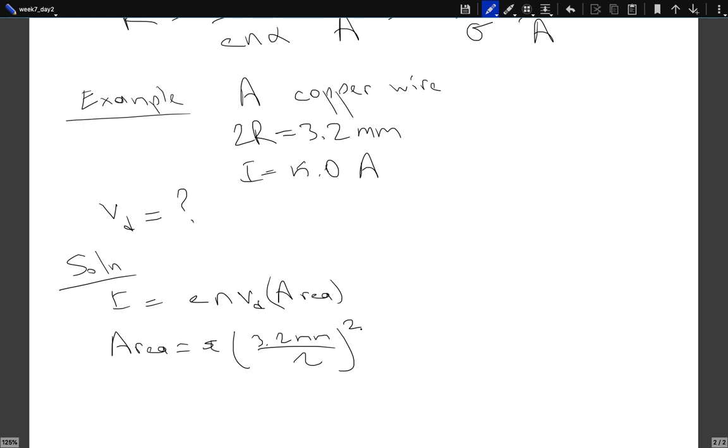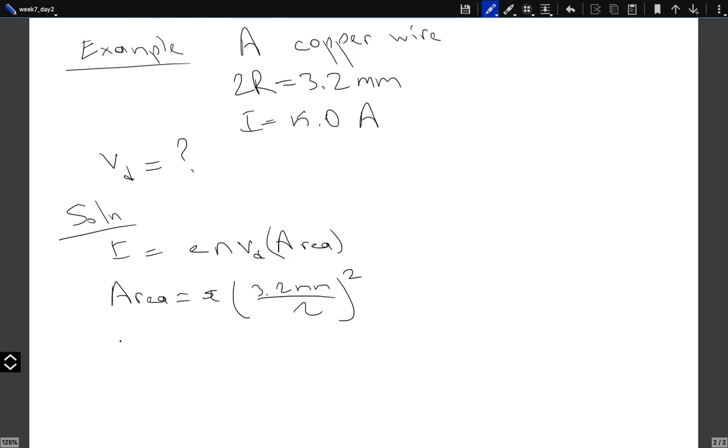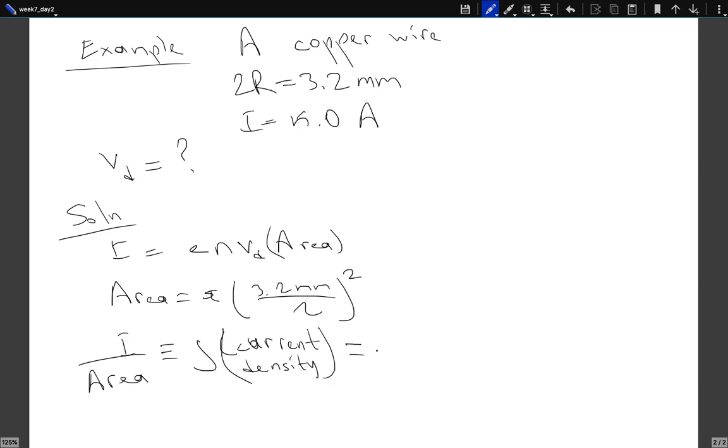This is the area we have. Now, the current divided by area is also given a name. This is called J, the current density, which is E times N times Vd.